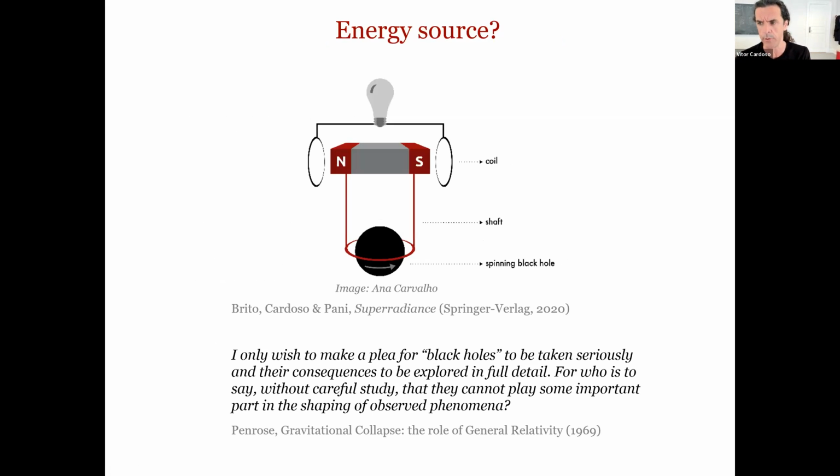The idea is really simple, right? You build this device, for example, you take a metal ring, you lower it into this ergoregion. It cannot remain at rest, so it has to co-rotate with the black hole. So you attach a couple of metal shafts to a magnet. The magnet needs to spin, and therefore it needs to induce a current in these coils.